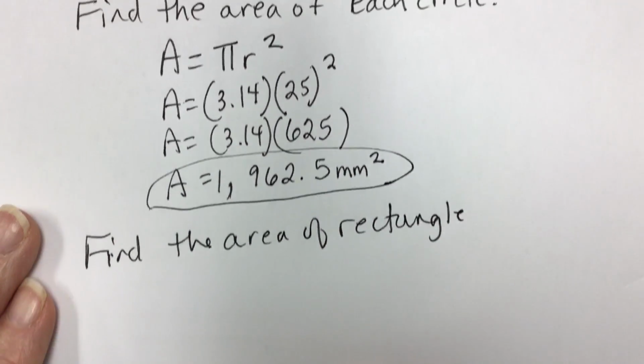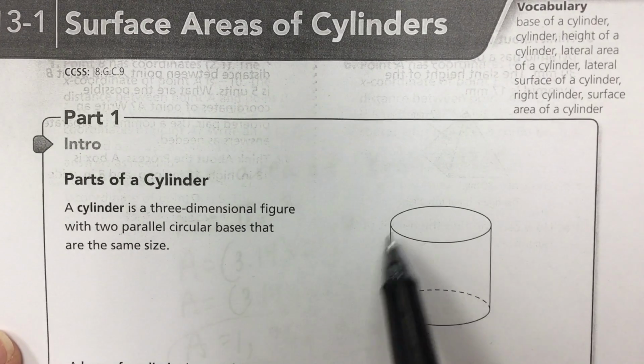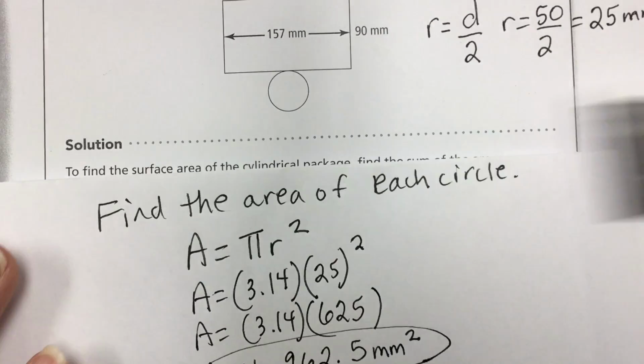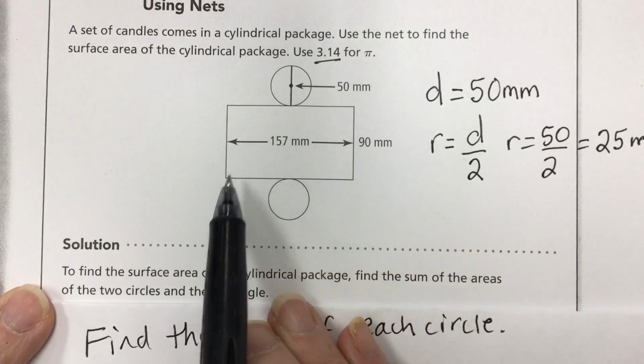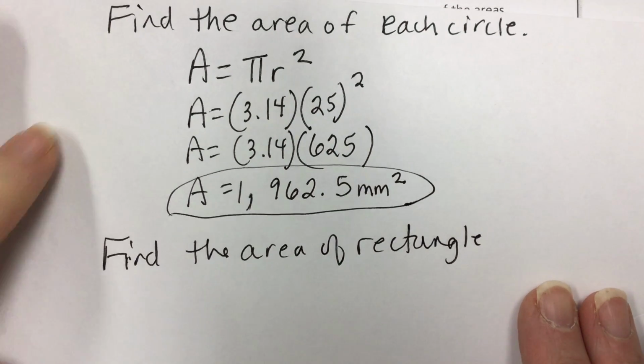Remember, the walls of your cylinder will roll out, and it will make the net a rectangle. So we're finding the area of the rectangle.